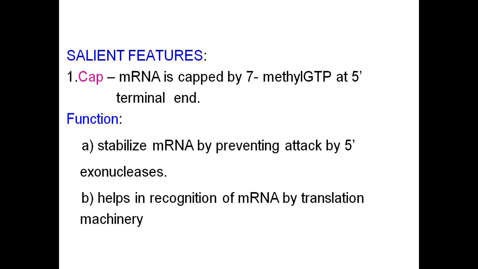Like DNA, RNA also has two ends, the 5' end and the 3' end. The 5' end of mRNA is protected by a cap. That cap is formed by 7-methyl GTP.